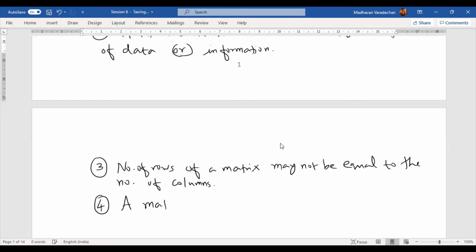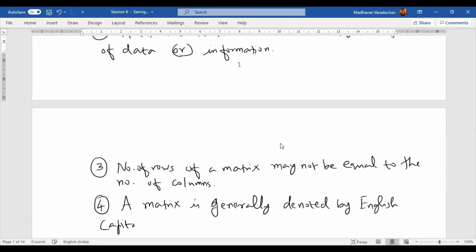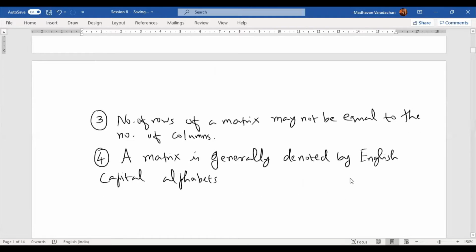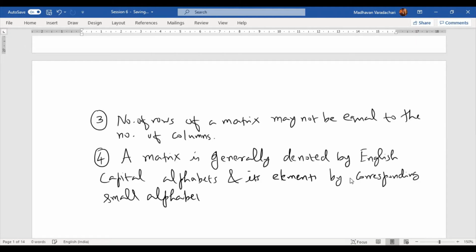A matrix is generally denoted by English capital alphabets and its elements by corresponding small alphabet followed by two suffixes.